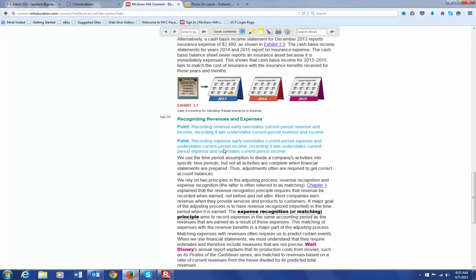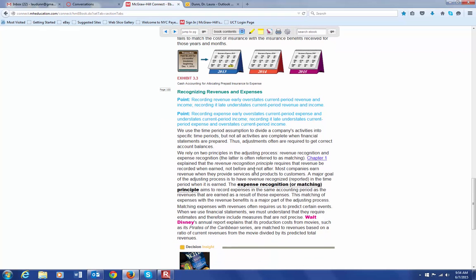And the same thing works with expenses. If you pay an expense in advance, but if you record the whole thing in that first month, you're going to overstate the current period expenses and you're going to understate future period expenses. So that's the reason why we have to do these adjustments.